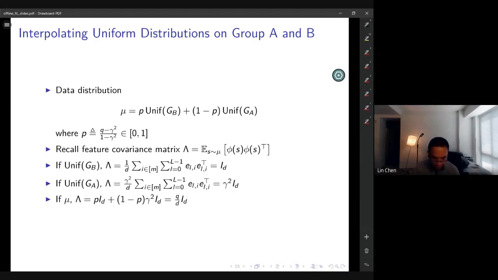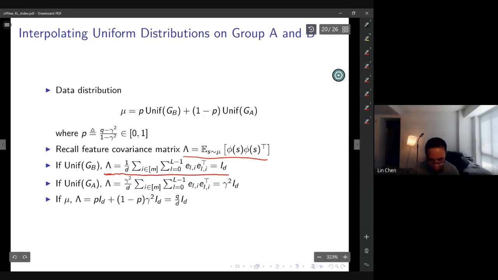And recall that this is the feature covariance matrix. If the data distribution is uniform on group B, then the feature covariance matrix is just identity. And if the data distribution is the uniform distribution on group A, then the feature covariance matrix is just gamma square identity.